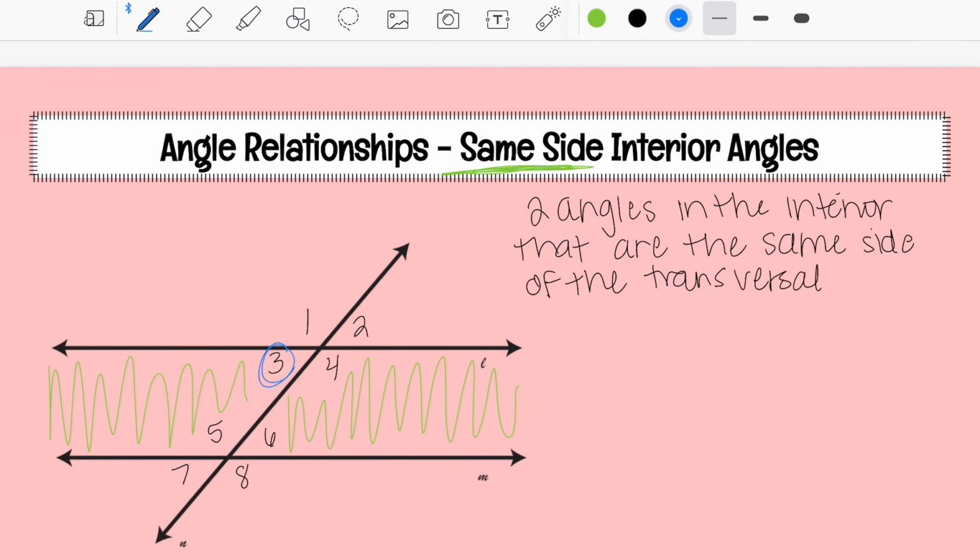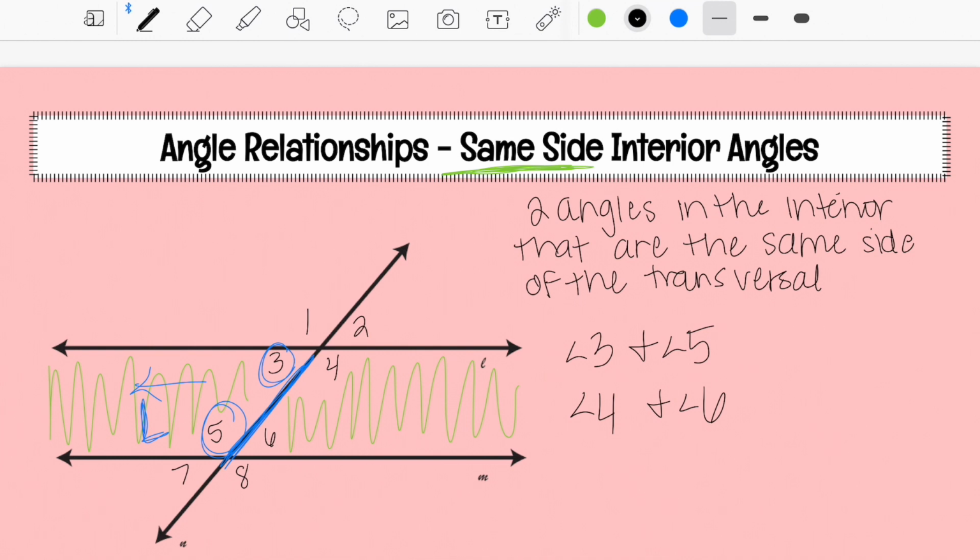So we have angle 3, and the angle that's along the same side of our transversal would be 5. They're both on that left-hand side of the transversal. So we have angle 3 and angle 5. And then we have angle 4 and angle 6.